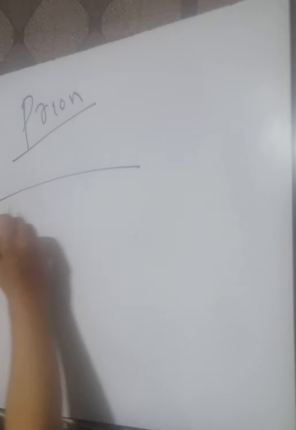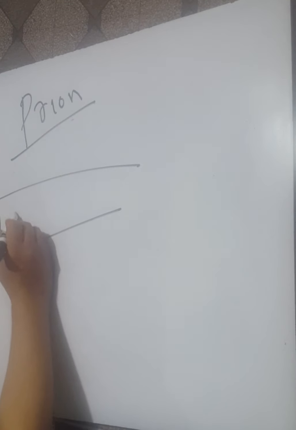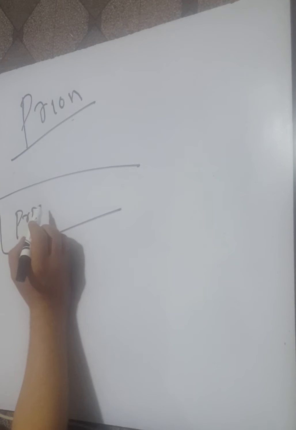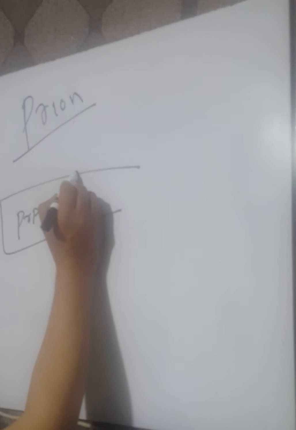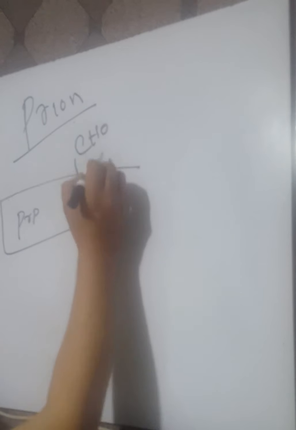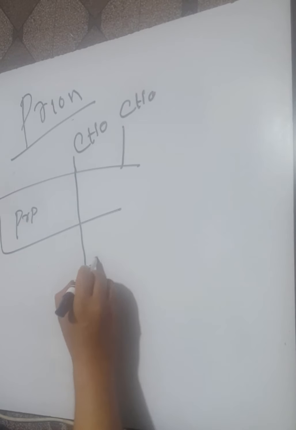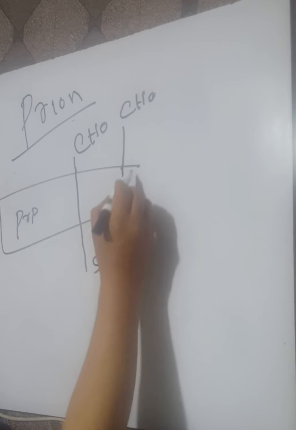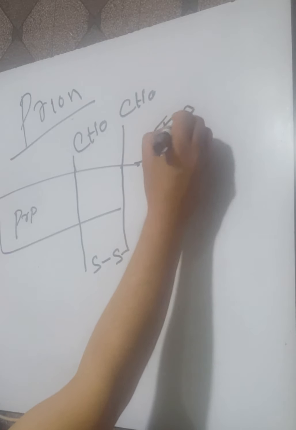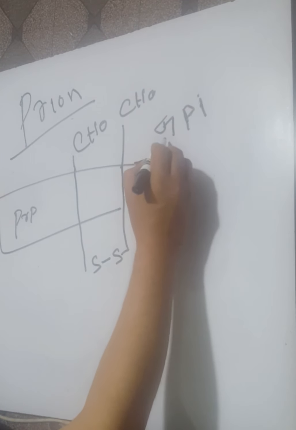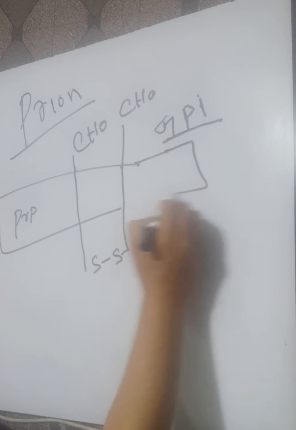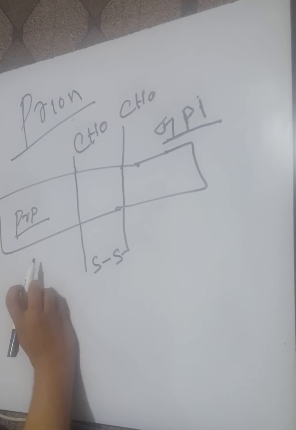This is the prion PRP, and this prion contains CHO, and there is a disulfide bond, that is a sulfur bond, and there is GPI, glycosyl phosphatidyl inositol. This is the normal PRP prion.